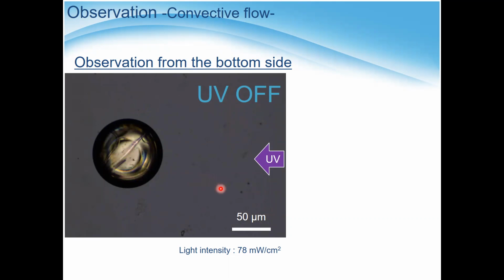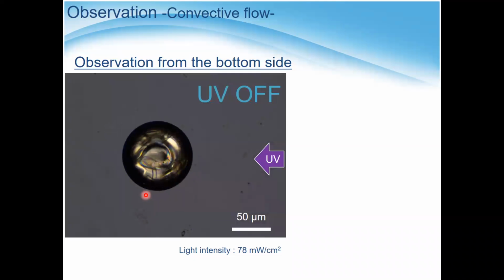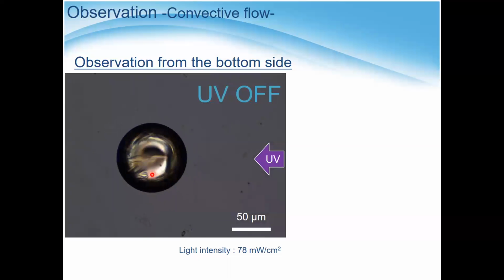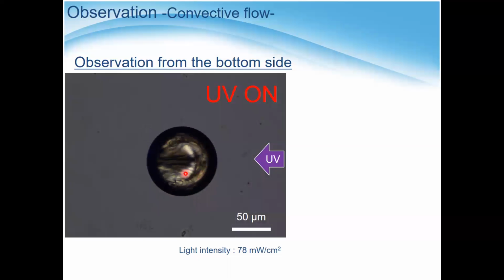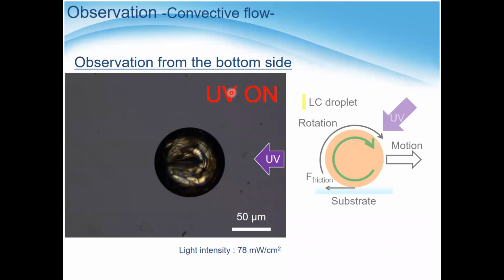So when the UV light was illuminated, you could see clearly that some sort of flow was induced inside. And I would like to remind you, it's observed from the bottom side. It means the convective flow goes in this direction towards the UV light, and then moves toward the light source.